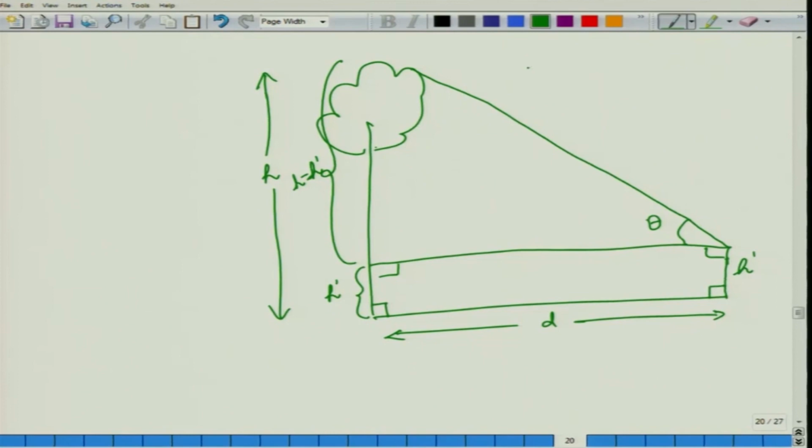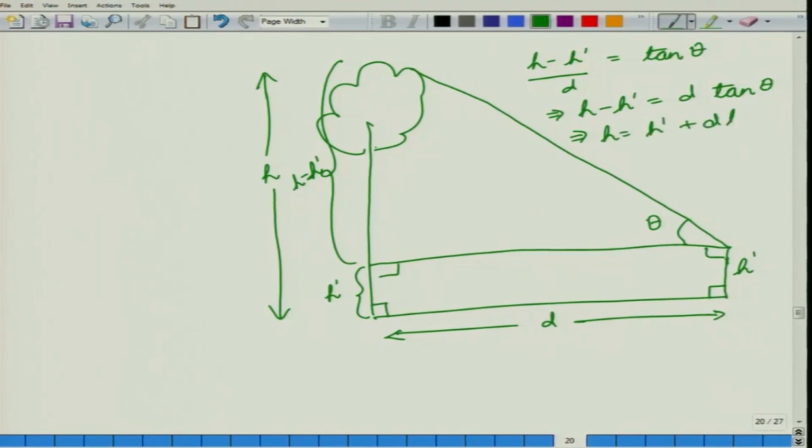So, now we can use the relation h minus h prime upon d equals tan theta, in which case we will have h minus h prime equals d tan theta, or we will have height equals our height plus d tan theta. So, in this way also we can measure the height of the tree.